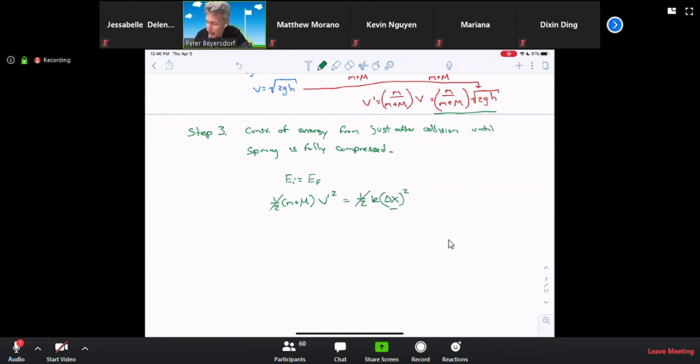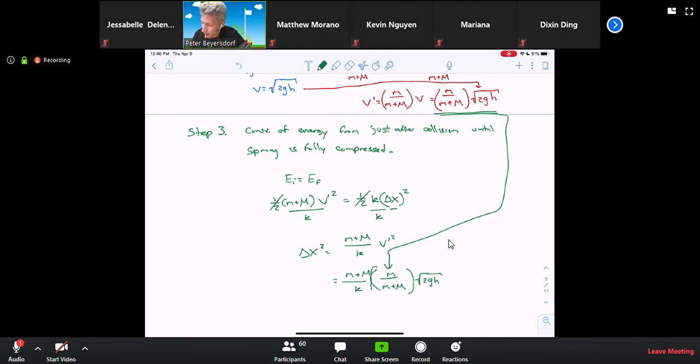And it's this delta x that I'm trying to solve for. So the 1/2s cancel, and I can divide both sides by k, and I get an expression for delta x squared. It's little m plus big M over k times v prime squared. And then I can evaluate my value of v prime. So I get little m over little m plus big M times square root of 2gh.